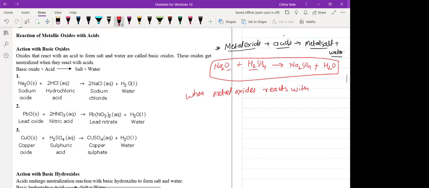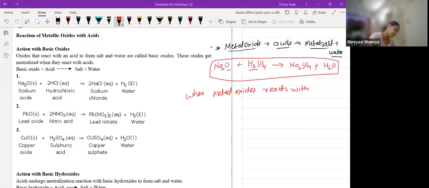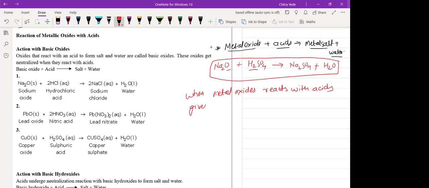React with acids, they produce salt of the corresponding metal and water. Salt of the corresponding metal means whatever metal oxide we use, that metal forms the salt. That's why it's the salt of the corresponding metal, and water.